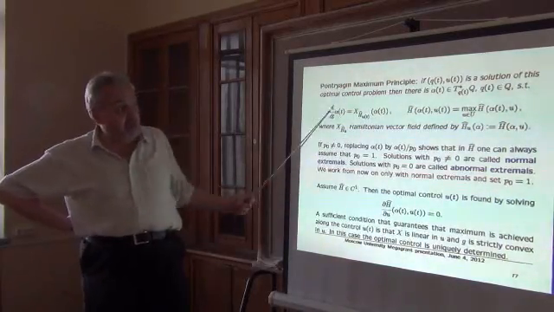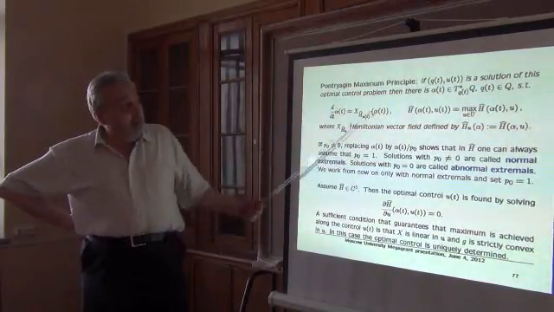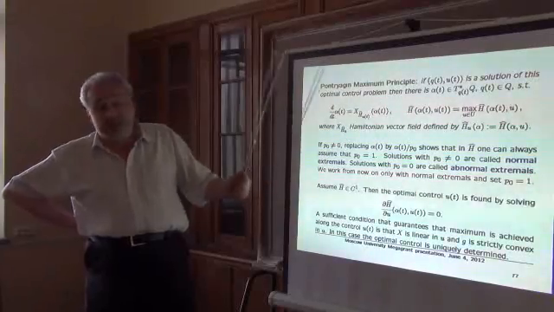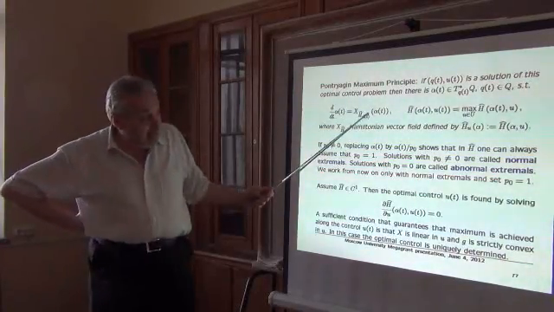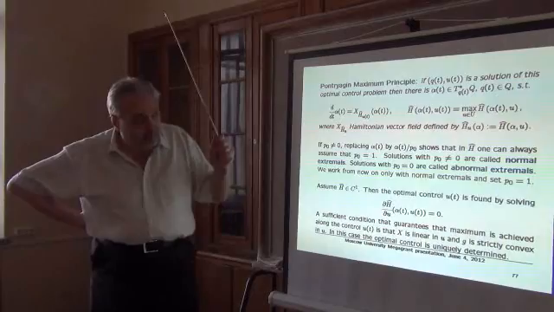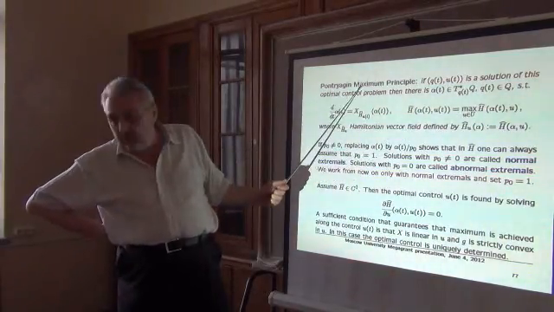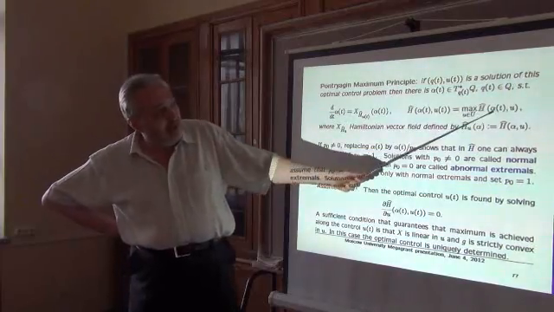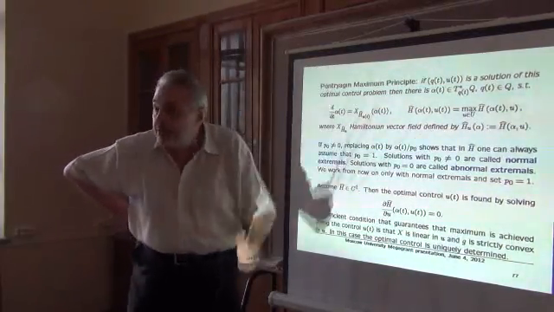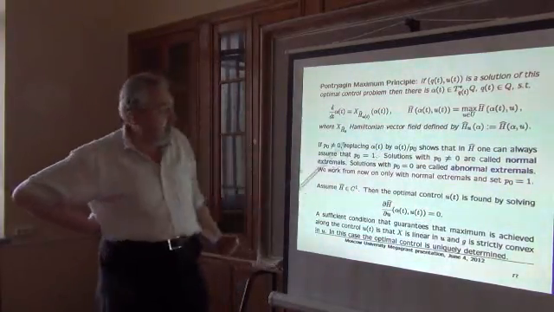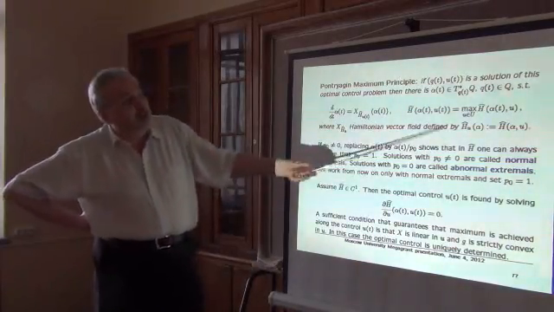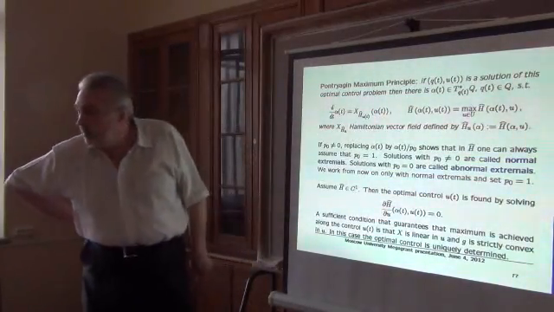Here it is, Hamilton's equations, where this H hat, in fact, is obtained in the following way. See, here it depends on U. Now you don't depend on U. You compute the maximum, that's why the max is called the maximum, of all H hat alpha t of U over all the possible U's. Okay? And this is the Hamiltonian vector field defined by H hat if you freeze U.